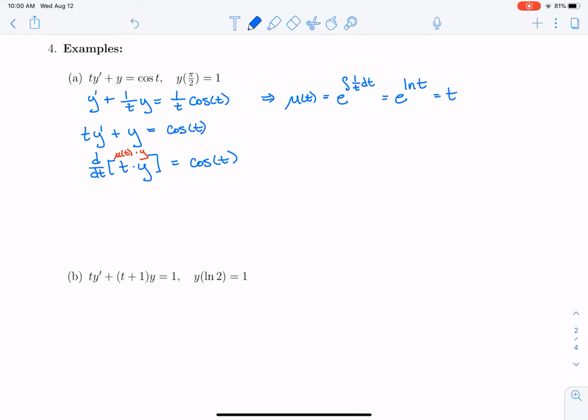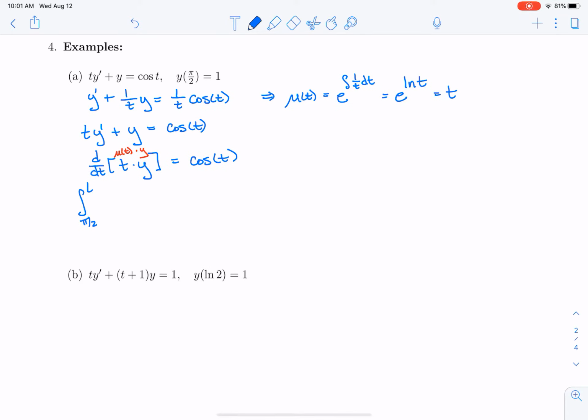Okay, so I did this integral last time as an indefinite integral with a plus c. So this time I'm going to do it as a definite integral to kind of show you that technique. So I'm going to integrate from the starting time, which in this case is pi over 2, to the ending time, which in this case is going to be t.